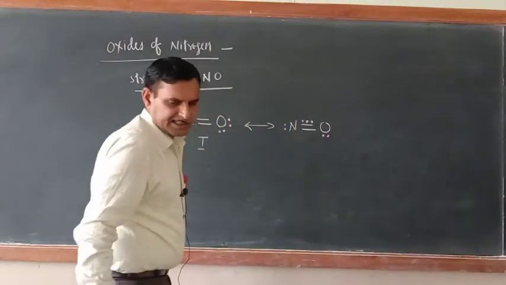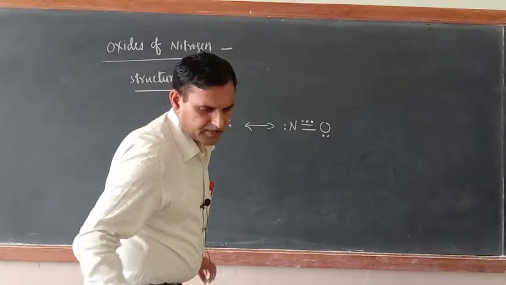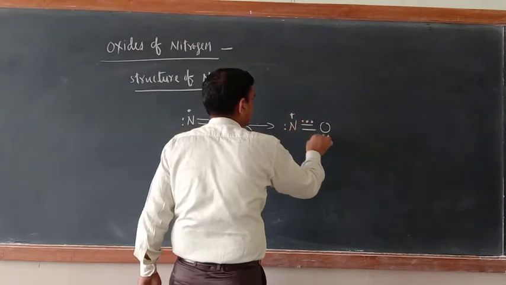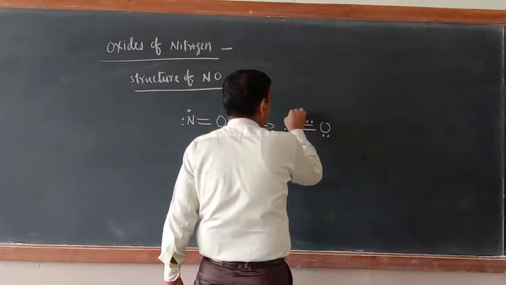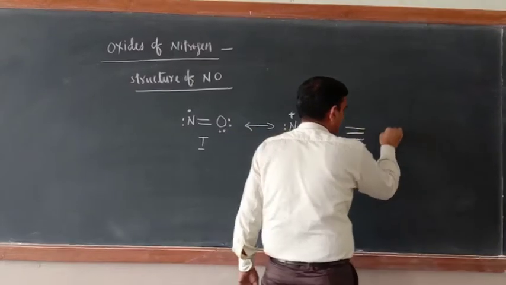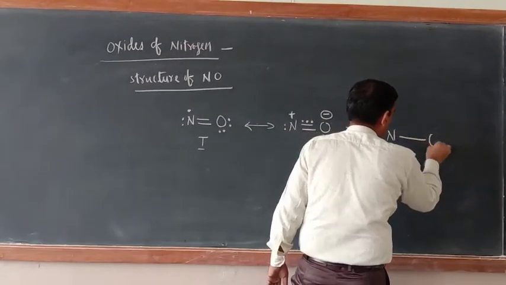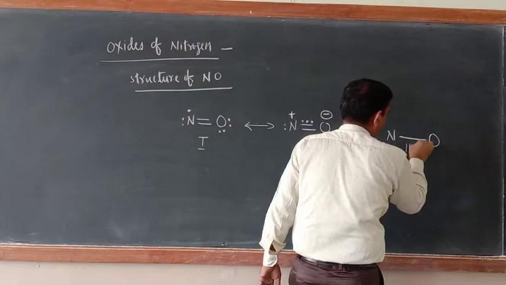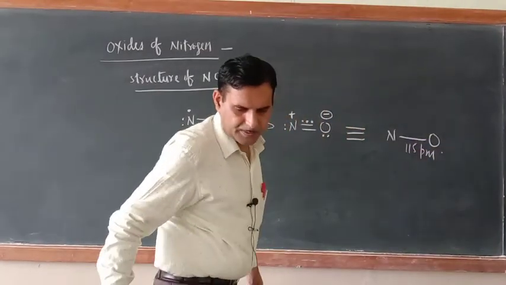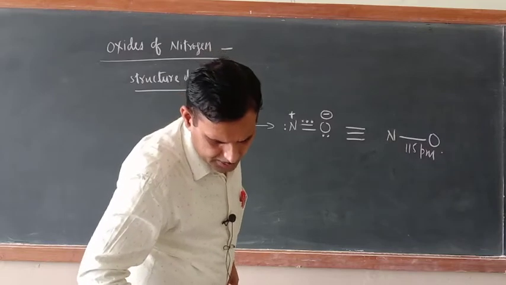This is the second structure of nitrogen. Now nitrogen has given its electron here, so this is the positive sign and this one is the negative sign. Its resonance hybrid is like that, with a single bond O and 115 picometer bond length.